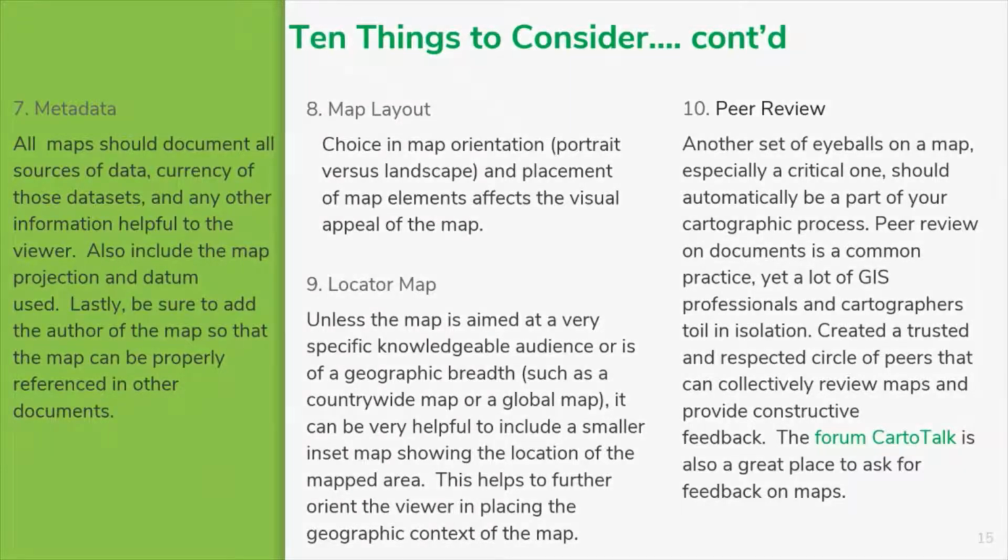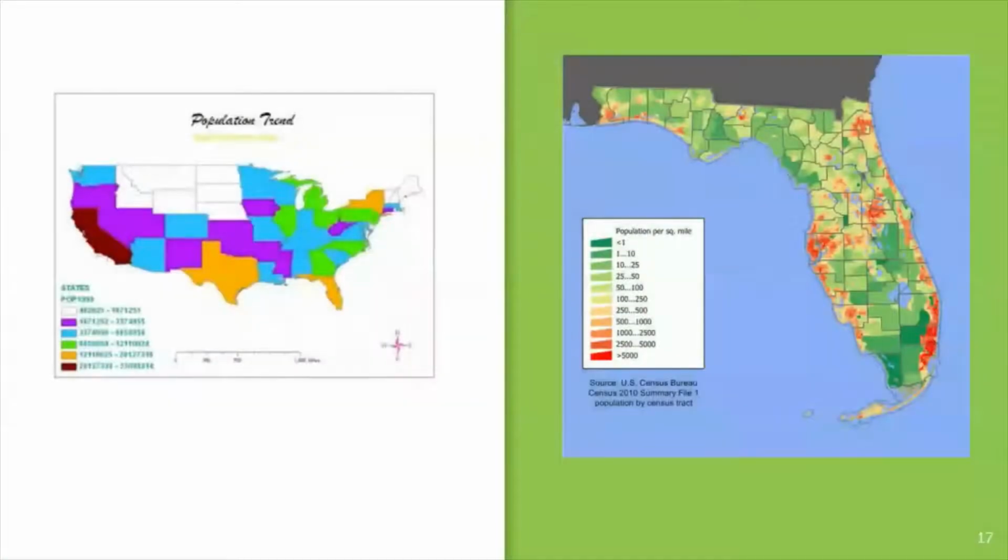All right, so now we're at the good and bad examples. I would say that the map showing, I think this is the state of Florida with the census tracts, I think this is a good map.